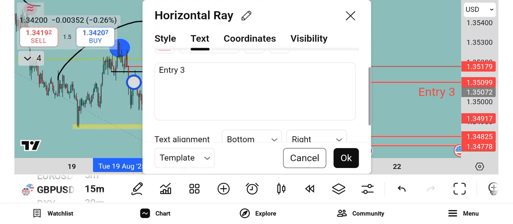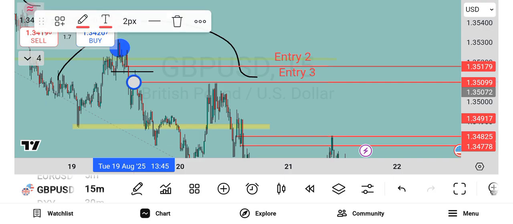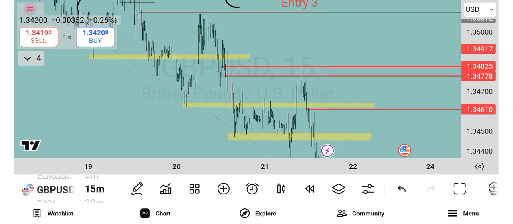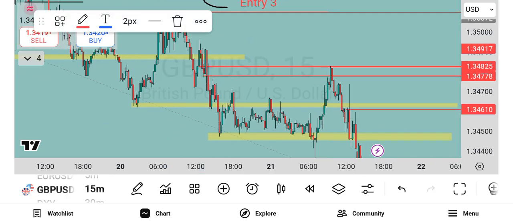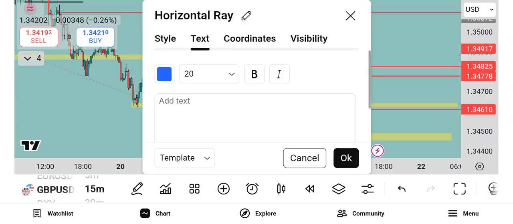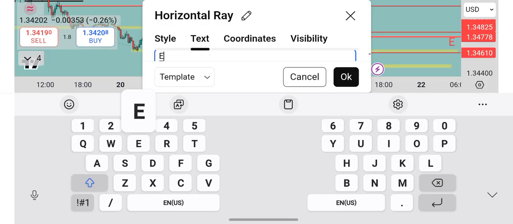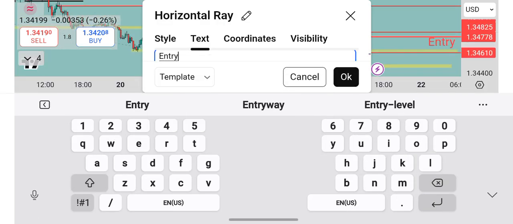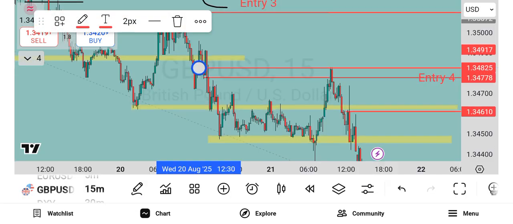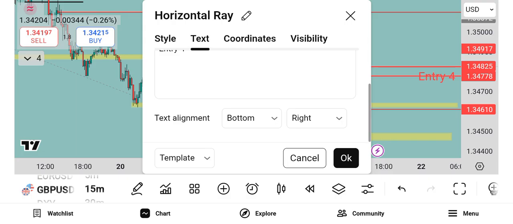Let me properly adjust this thing up. Center, top. This is entry 3. This is entry 4. I want to be as quick as possible, guys. I don't want to make this video long. This is entry 4, guys.